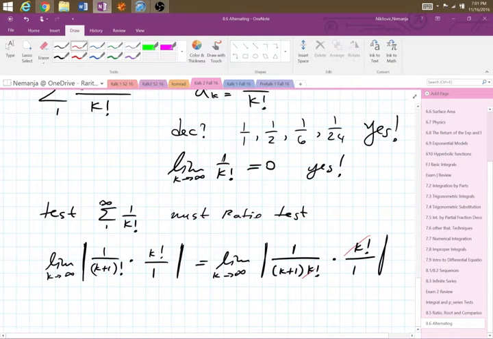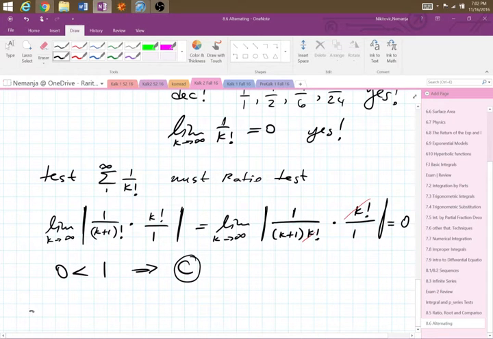These guys die, and clearly the limit is equal to, very good, 0. That's less than 1. 0 is less than 1, implies convergence. So now, answer.